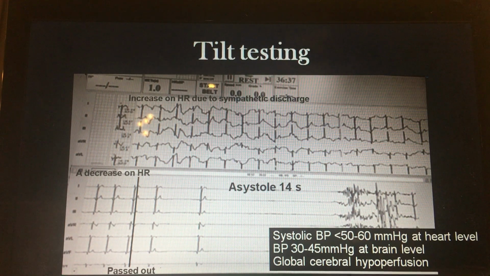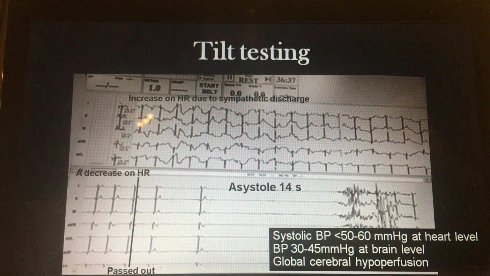In Turkey, we still cannot use loop recorders to demonstrate different components of syncope, so we usually use tilt testing to demonstrate different types of reflex syncope, such as cardioinhibitory, vasodepressor, or mixed type. In this case, you can see a typical cardioinhibitory type reflex syncope.